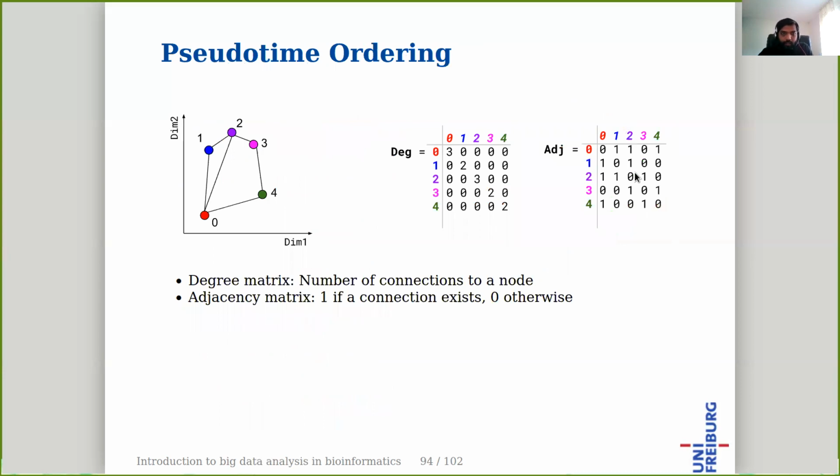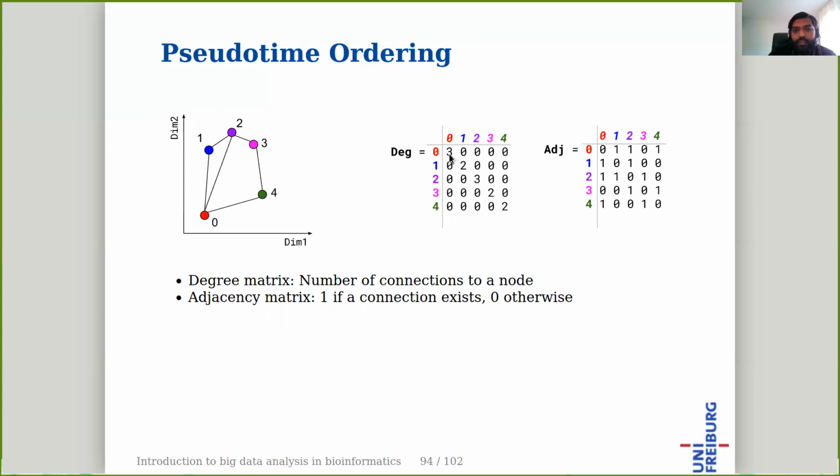We'll see here an example of how we do this pseudotime ordering. We first need a two-dimensional clustering of the cells. So here we have cells 0, 1, 2, 3, and 4. Then based on this clustering and the connections, we create a degree matrix and an adjacency matrix. The degree matrix is calculated as how many other nodes this node is connected to.